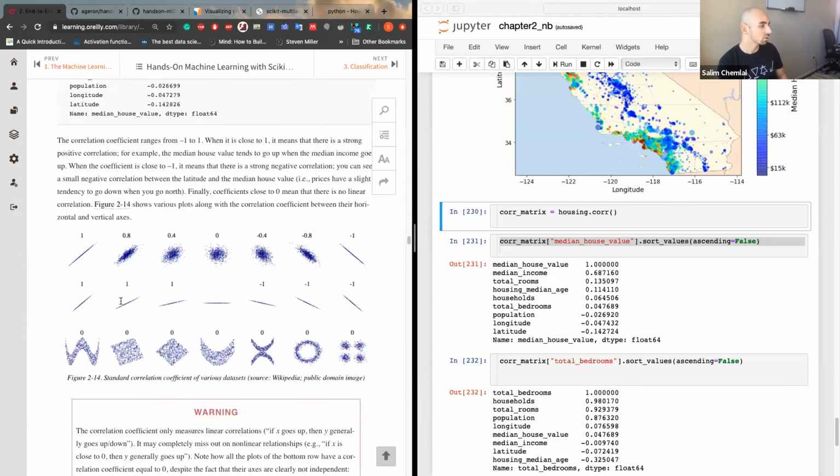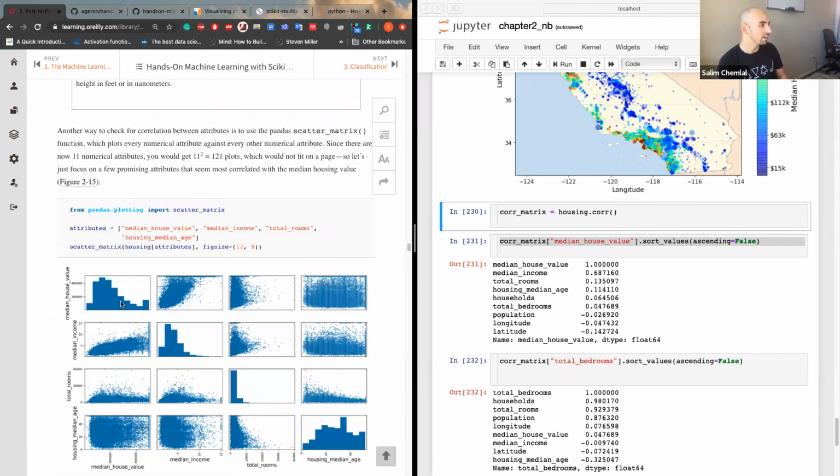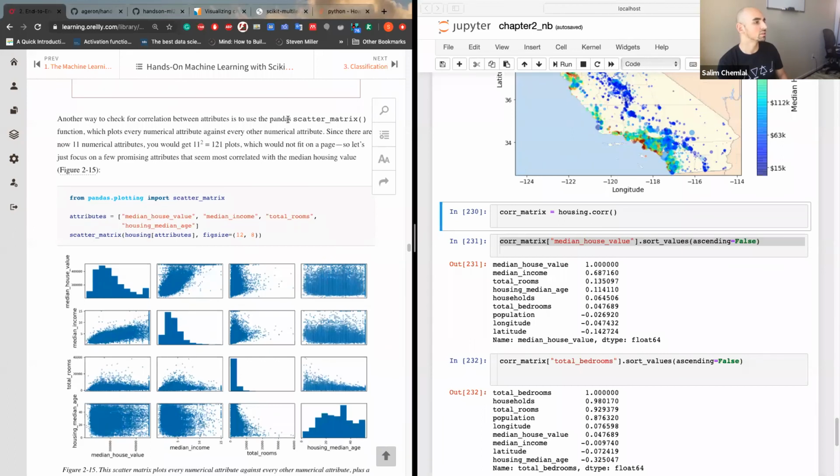Okay, we talked about correlations. Great. Here, he just shows another way to check for correlations. Oh, okay. So here he uses the scatter matrix.